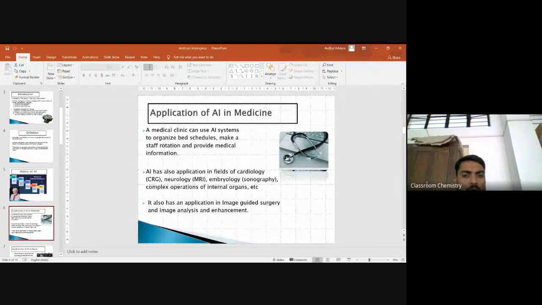Then we make a photograph, or by using sonography we locate the position, and then the doctor opens our intestine and finally removes this iron piece. That is, it has application in image guided surgery and image analysis and enhancement.